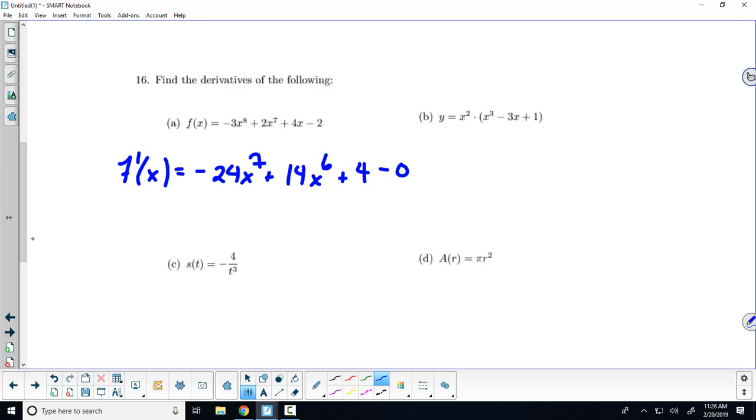I brought down the power of 8. 8 times negative 3 gives me negative 24. Subtract 1 from the exponent. Any questions on that? Okay. All right. I'm afraid I have to leave you there. We're going to pick up with this next time, okay, and just keep going.